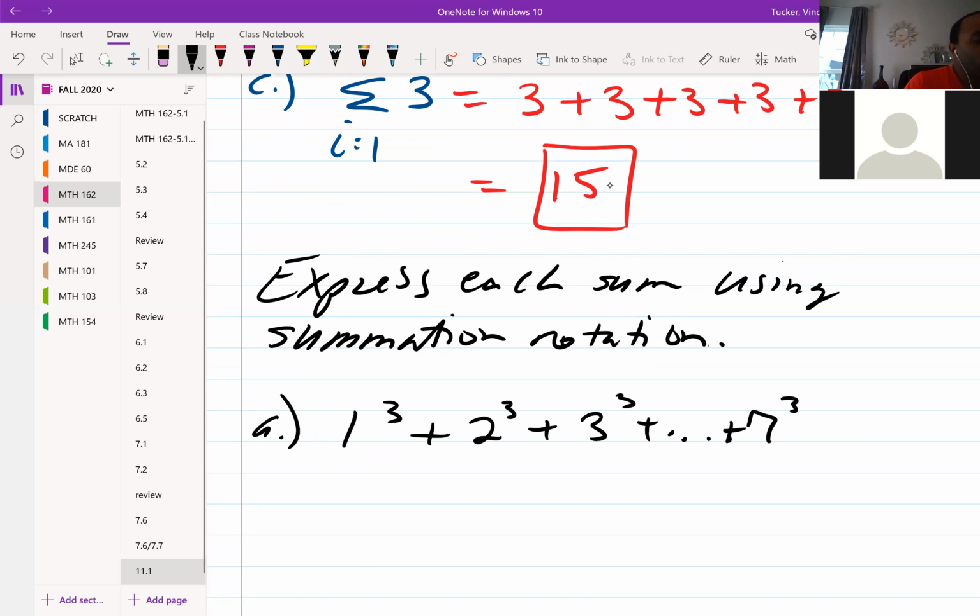All right, we have 1 cubed plus 2 cubed plus 3 cubed all the way to plus 7 cubed, and we want to express that using summation notation.